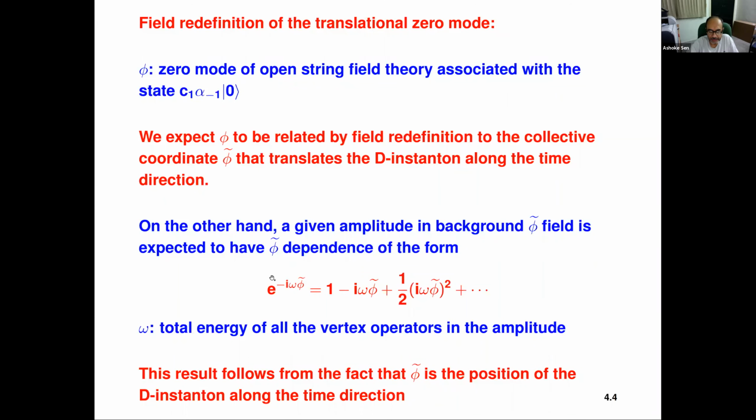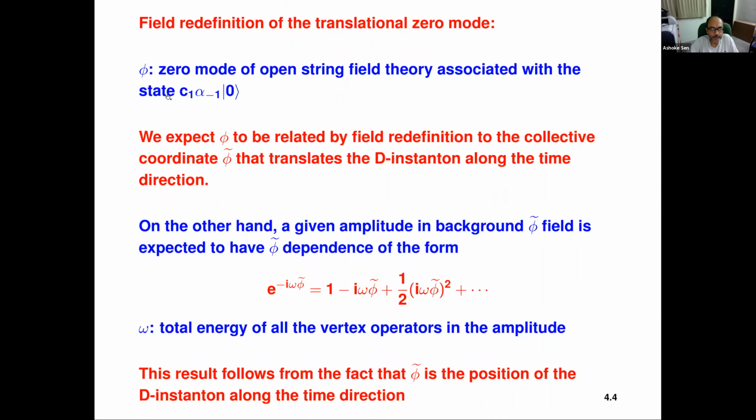This is just the simple e to the i omega t factor that we get when you place an object at time t, or in this case at time phi tilde. And so this is the usual Fourier transformation variable.